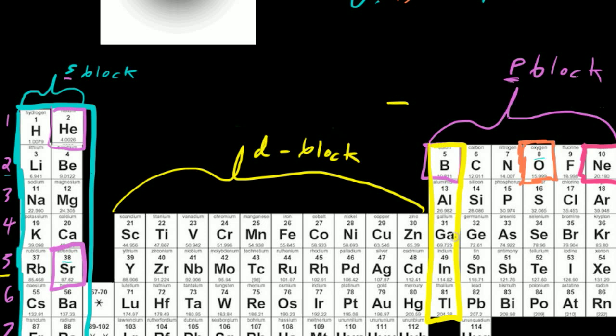If we were looking at gallium down here, the period would be 4. If we were looking at indium, In, the period would be 5.